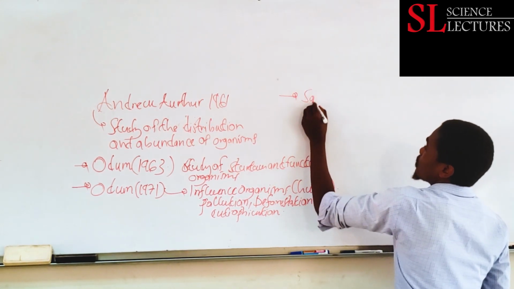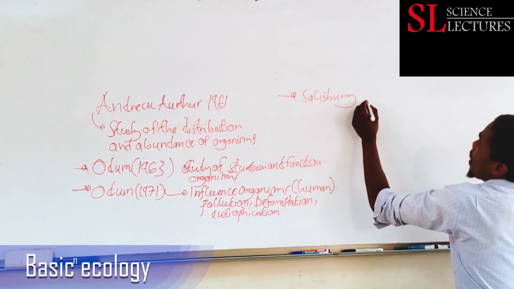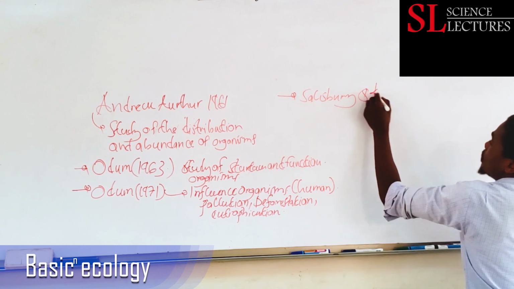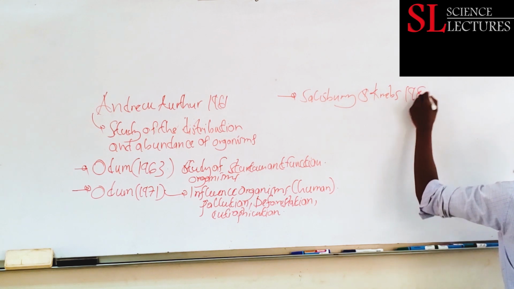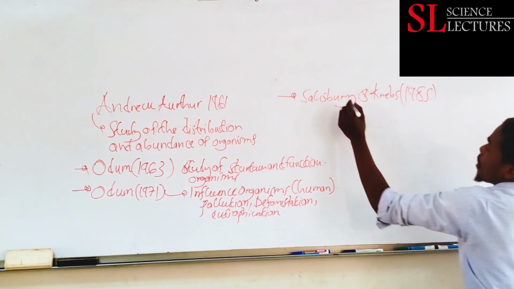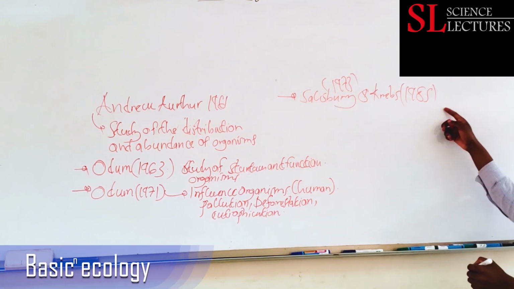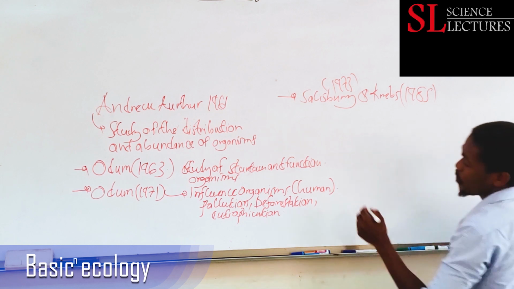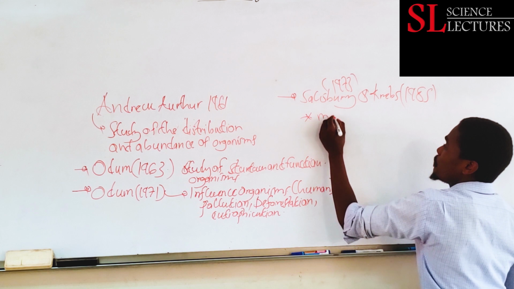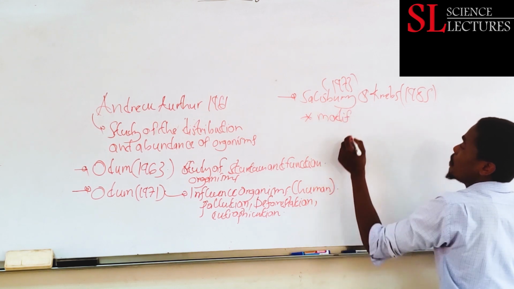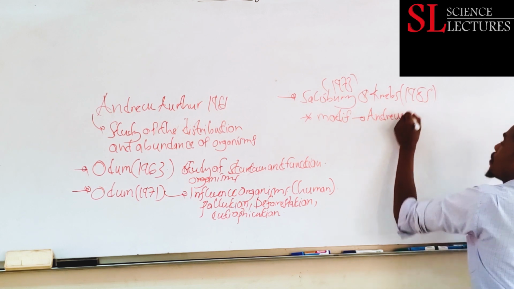Those scientists were Salisbury, together with Krebs. This was around 1985, and Salisbury comes in around 1973. What you should take note of is that they modified the definition of Andrew Arthur.